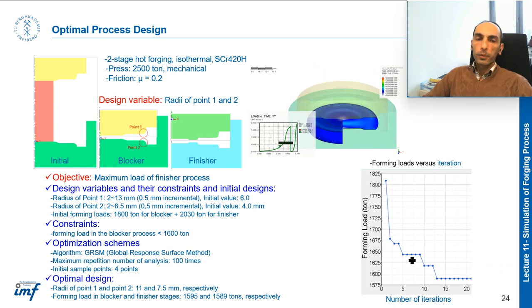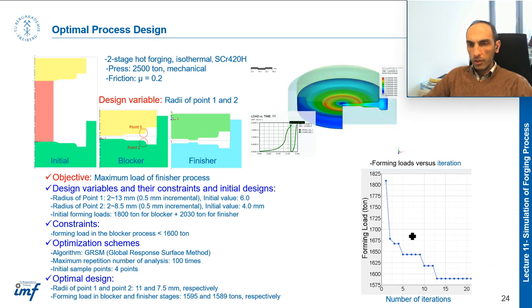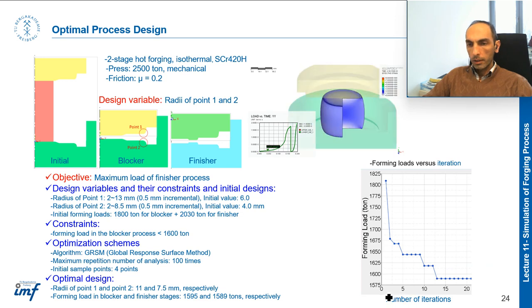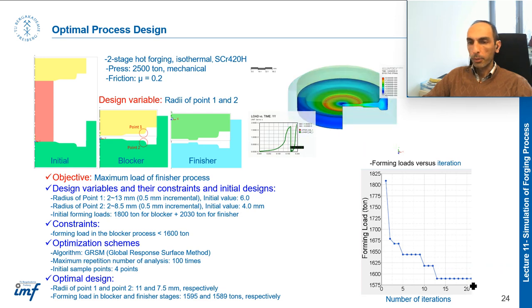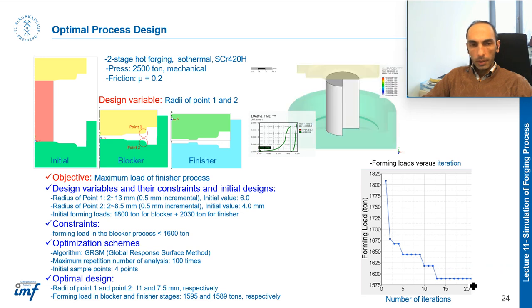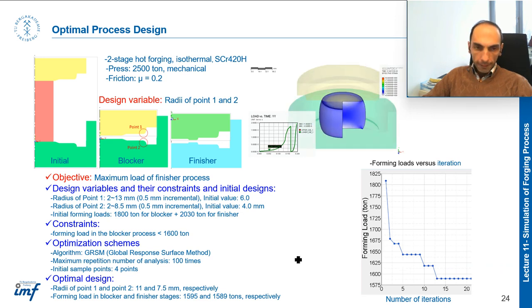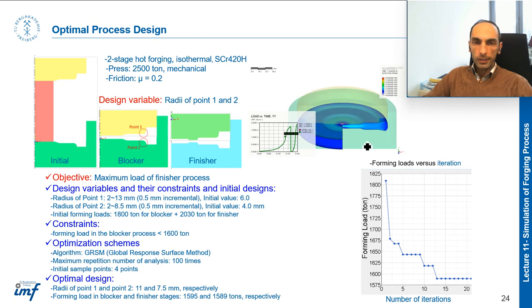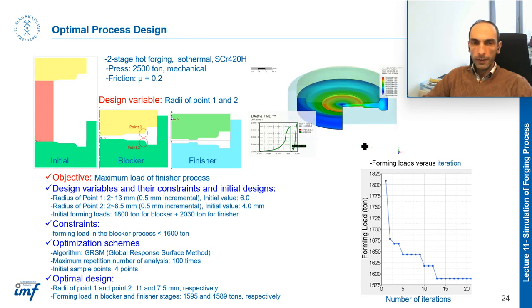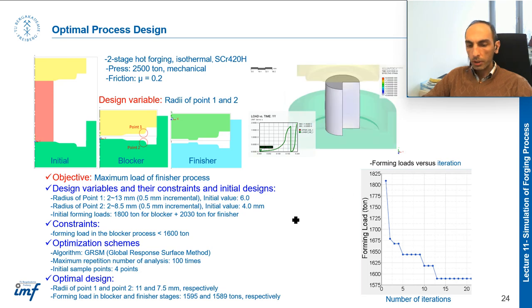So if you use an optimization scheme, then you can obtain the minimum value, as used here for example, with fewer iterations, for example 20 instead of 50. I can say this is a complete example of optimization. In this case it's a geometrical optimization, but it could be optimization in any field, for example the friction factor, whatever.